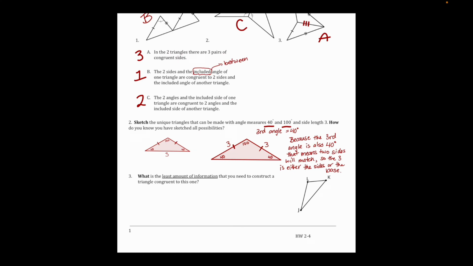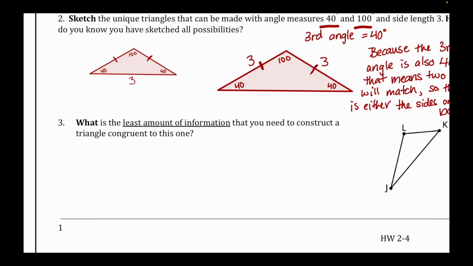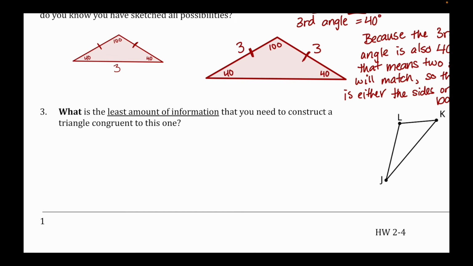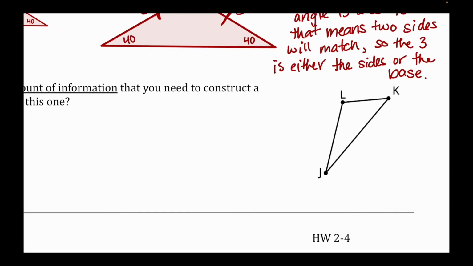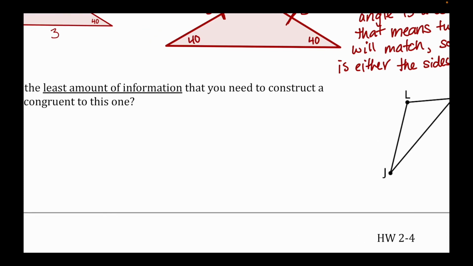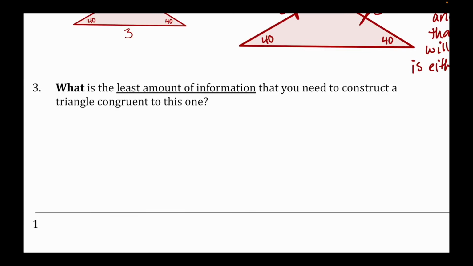And then for number 3, we're actually looking at what is the absolute least amount of information we would need in order to construct a triangle that's congruent to this one. So LJ or LKJ or JKL or JLK, whichever direction you want to read those letters. What's the least amount of information?